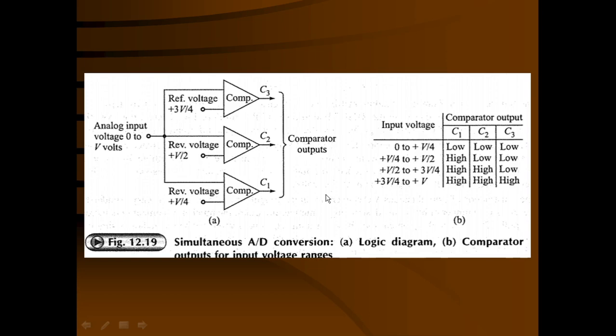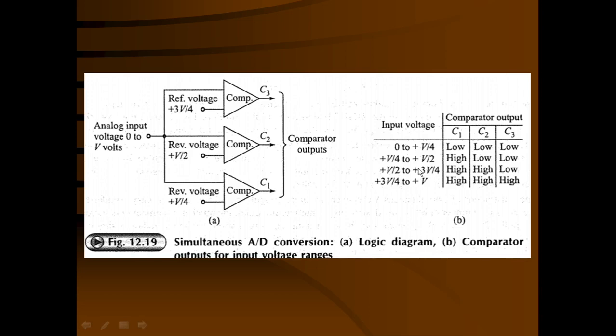So you can see that you have divided the input voltage from 0 to +V volt into 4 different ranges, and correspondingly there are 4 different combinations of C1, C2, C3. If it is in the first range, the lowest one, 0 to V/4, then C1, C2 and C3 are going to be low.